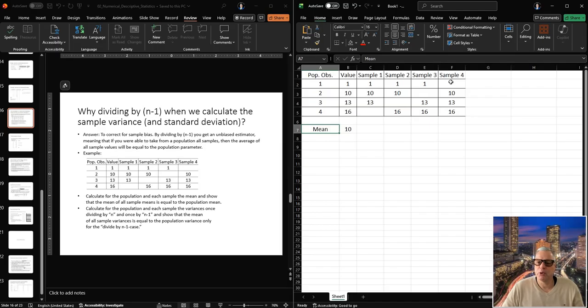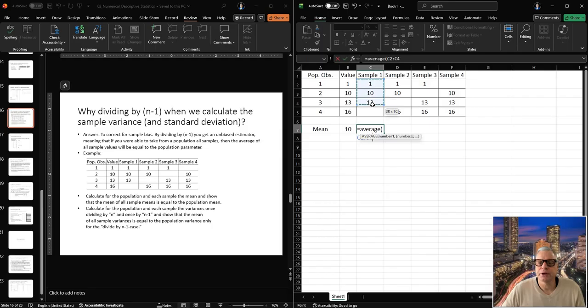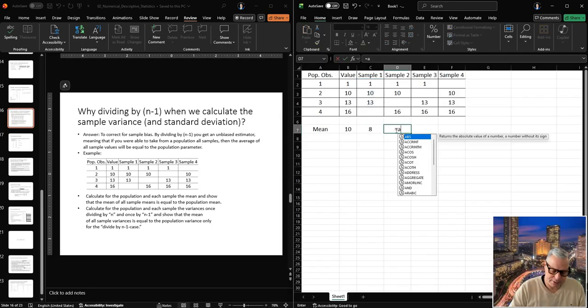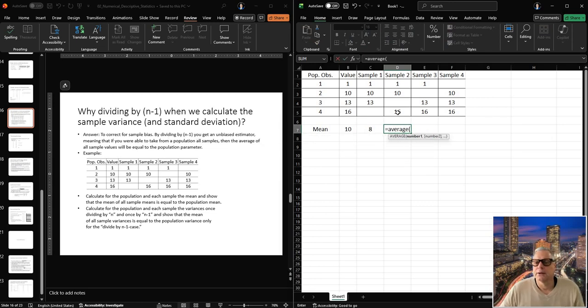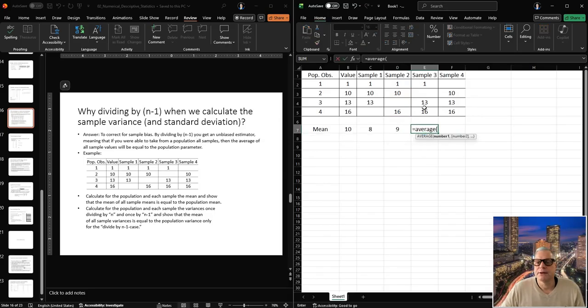So here sample 1 to sample 4 are all possible samples of size 3 that you can take from a population of 4. Now let's calculate the average for each sample. Sample 1 has an average of 8. Sample 2 has an average of 9. Sample 3 has an average of 10, so that's equal to the population parameter of 10.